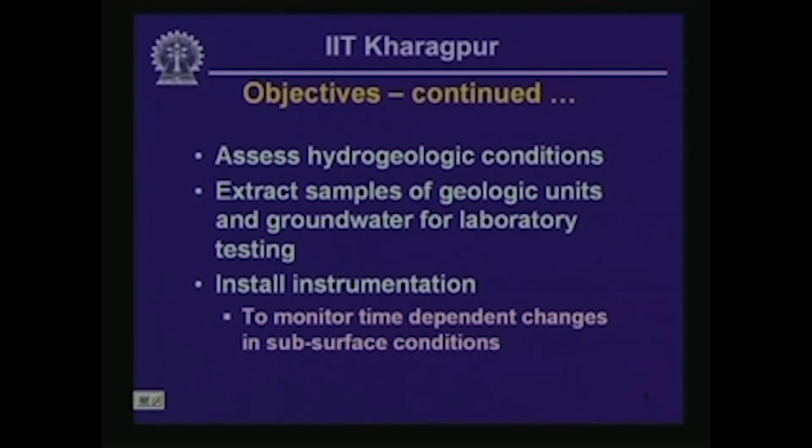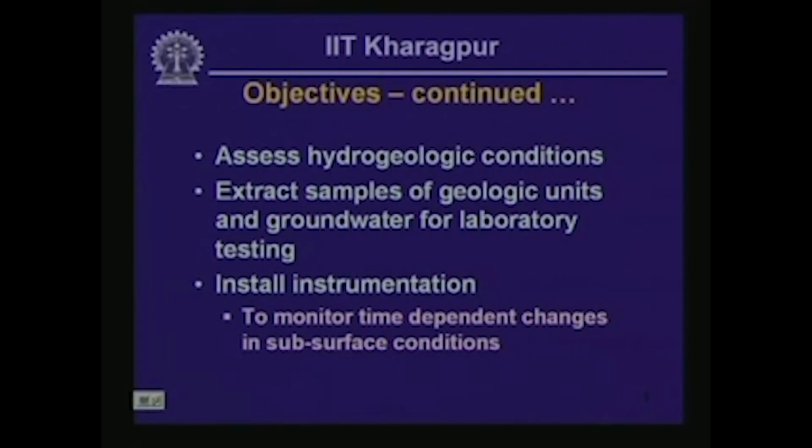For example, if the groundwater flow has a seasonal variation, then we want to know how the groundwater regime varies over time, whether it rises to the surface or what depth it actually falls to. This has implications in the design of a particular facility at that site. So these are the main objectives of a subsurface investigation program.